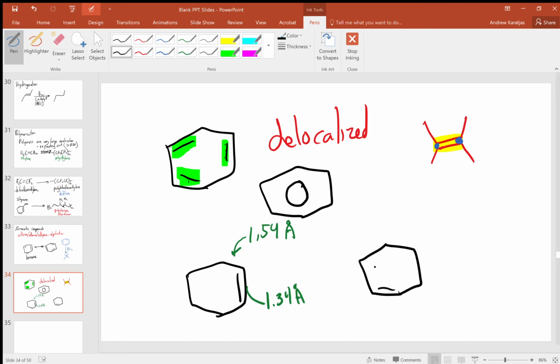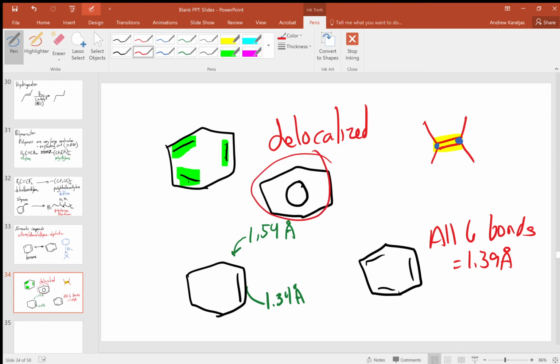But when they decided to look at benzene, they found all 6 bonds were equal to 1.39 angstroms. In other words, all 6 of those bonds were exactly the same. And so this told them 2 things. It re-emphasized this idea of delocalized electrons that we represent here.